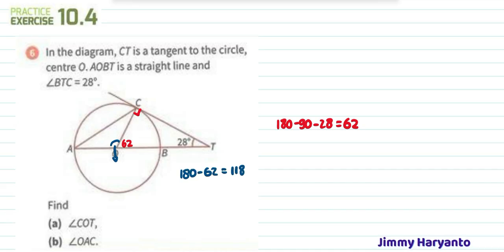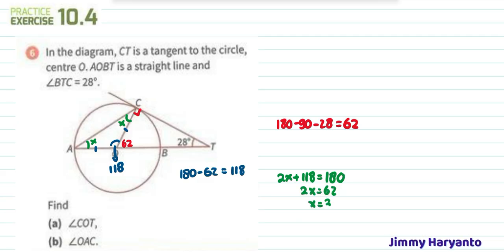So that one is 118, and this one is radius. Radius, I can find this angle. Let's say this angle is x and x. So 2x plus 118 equals 180. 2x equals 62. x equals 31. So this one is 31 and 31.